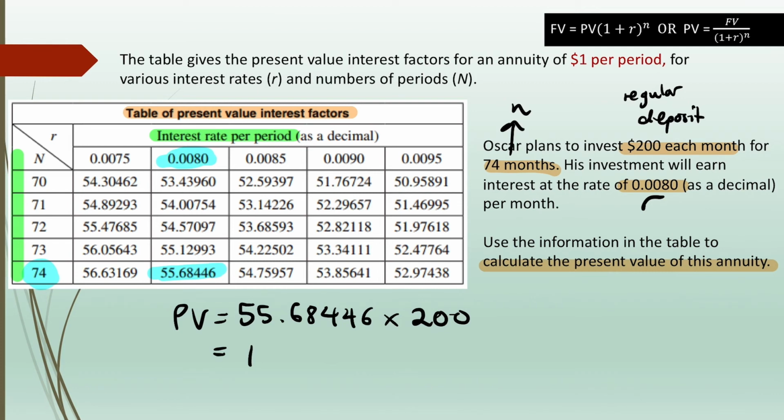Which gives 11,136.892. In dollars and cents that is $11,136.89. And so the present value of the annuity, or the single lump sum that will give the same as $200 each month for 74 months, is $11,136.89.